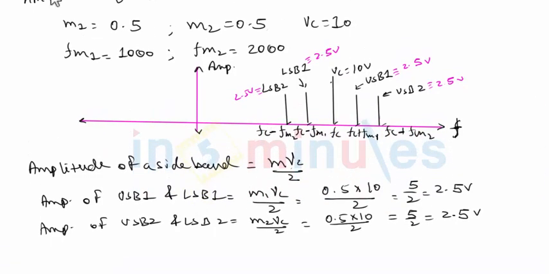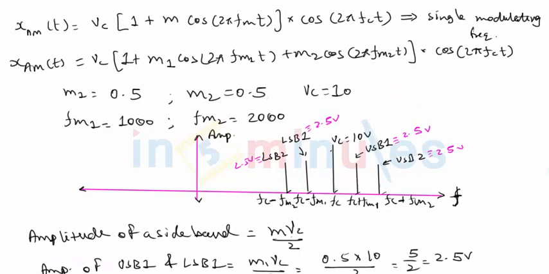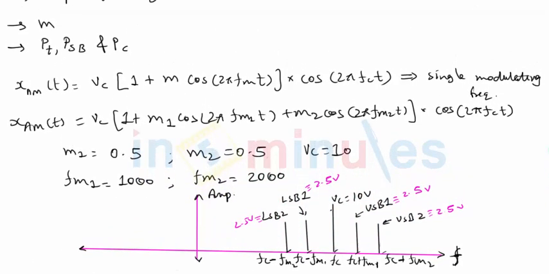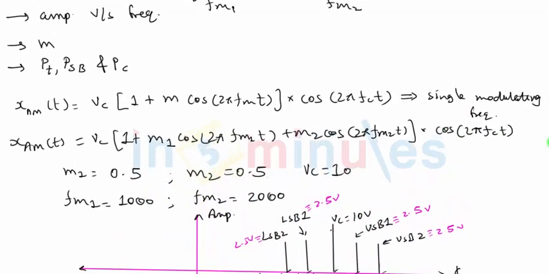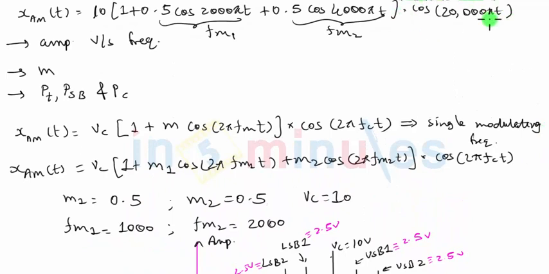The values of the sideband frequencies will be: FC plus FM1 will be equal to... FC value can be found again by comparison. The cos 2 pi FCT term will be compared with cos 20,000 pi t. So when you compare cos 2 pi FCT with cos 20,000 pi t, 20,000 should be equal to twice FC.